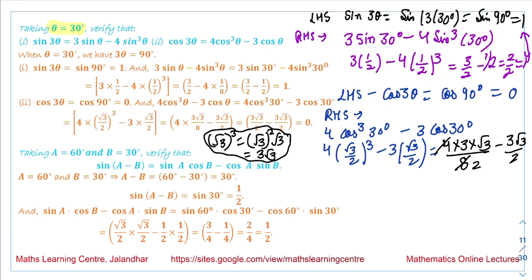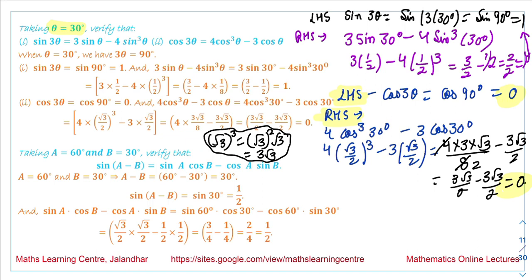These 2 get cancelled, we are left with 2. So it is 3 root 3 by 2 minus 3 root 3 by 2. The final answer is equal to 0. So the LHS value is 0, and the RHS value is 0. Both are equal. It means this equality is also satisfied and verified.